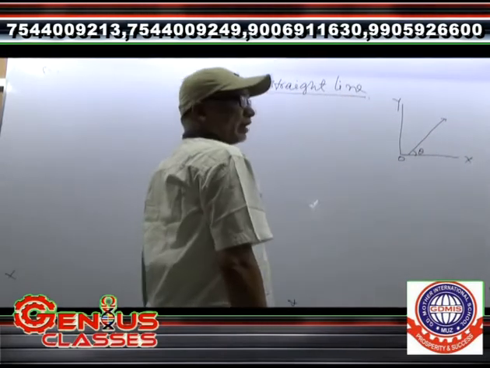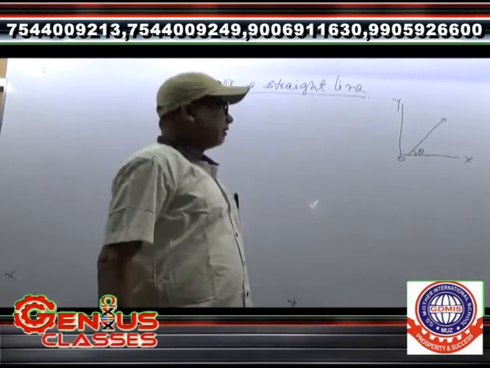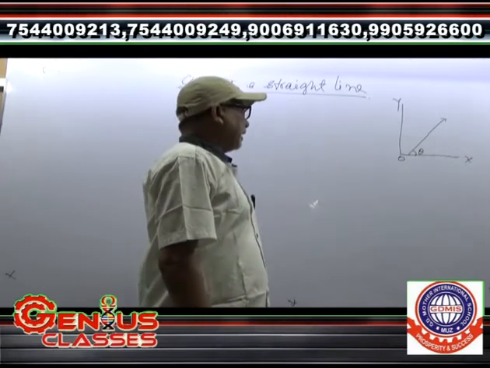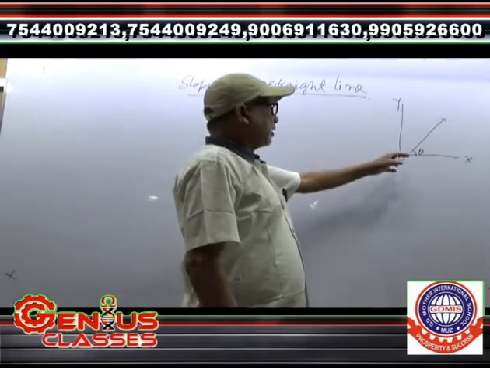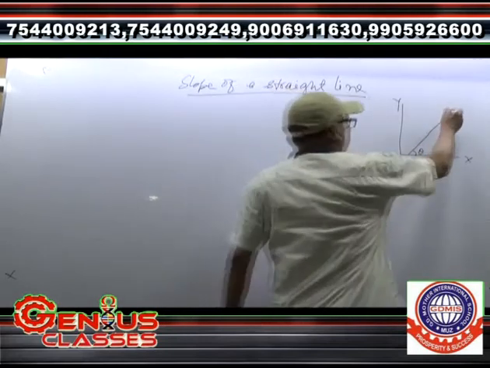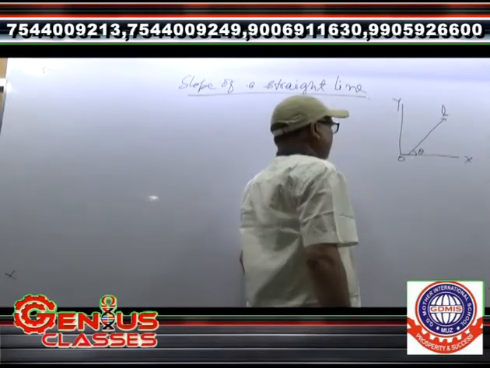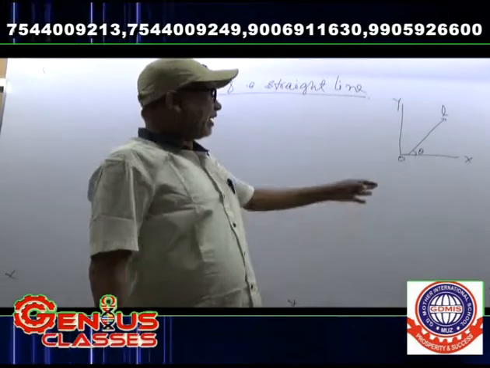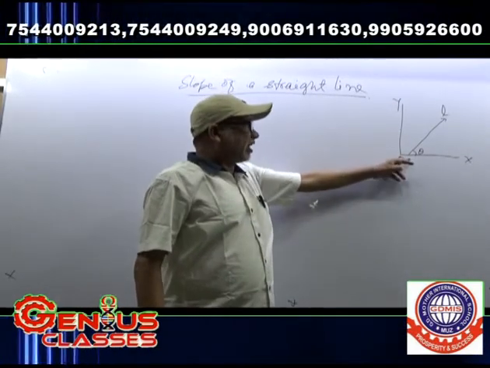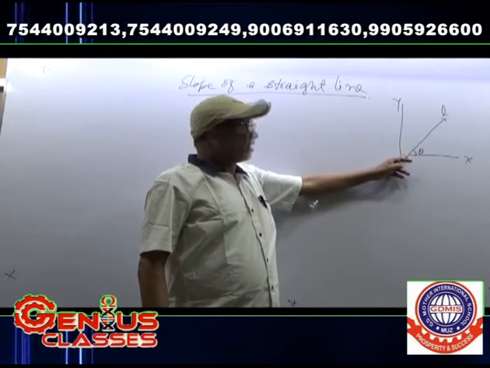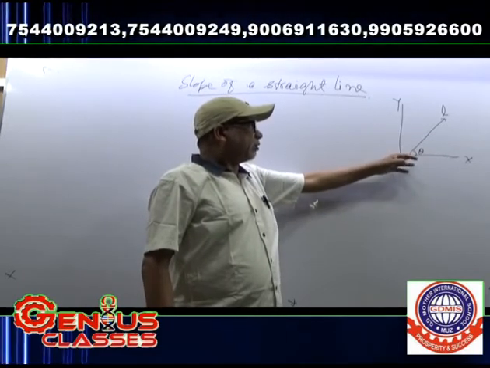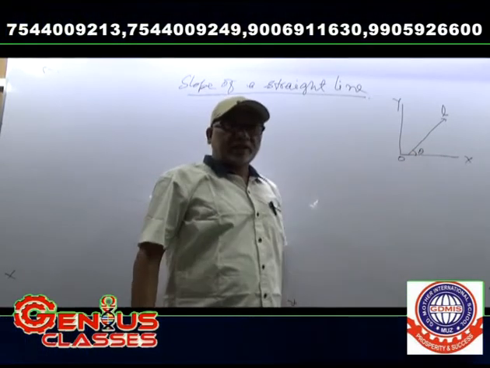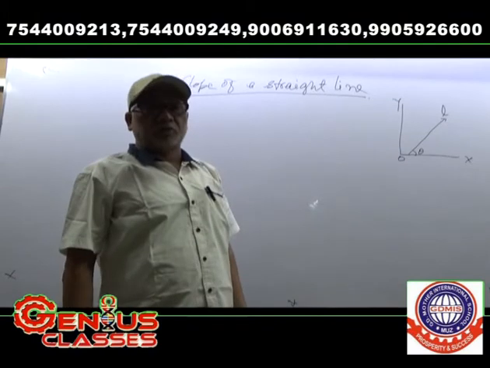Slope of a straight line is defined for any straight line or non-vertical line. This straight line is denoted by L. Any straight line which makes an angle theta with the positive direction of the x-axis in anti-clockwise direction, then tan of this angle is called the slope.